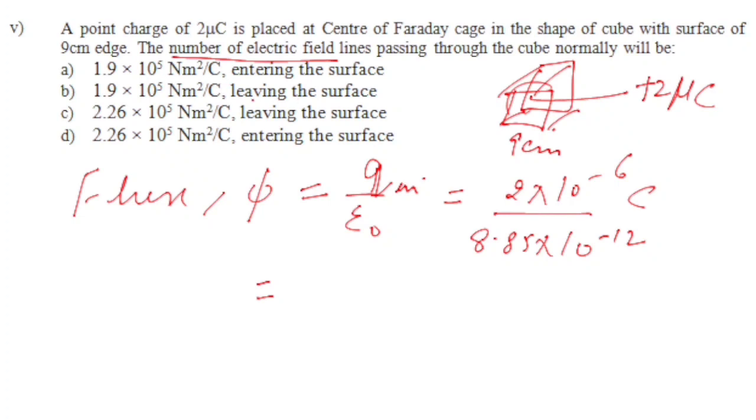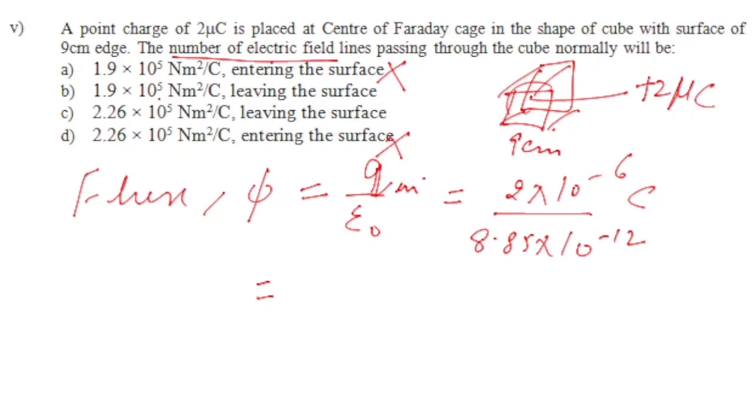First, you think about it. Number of flux passing through the cube means entering the surface or leaving the surface? Yes, leaving the surface. So, the first option is wrong and this D option is also wrong. These two are for entering the surface. Now, from B and C, which one is correct?